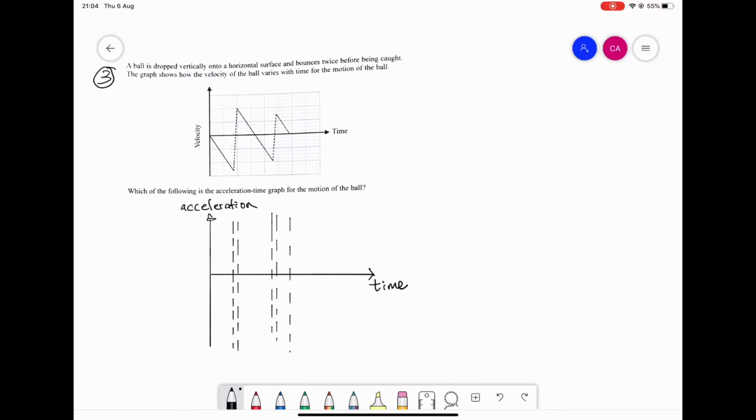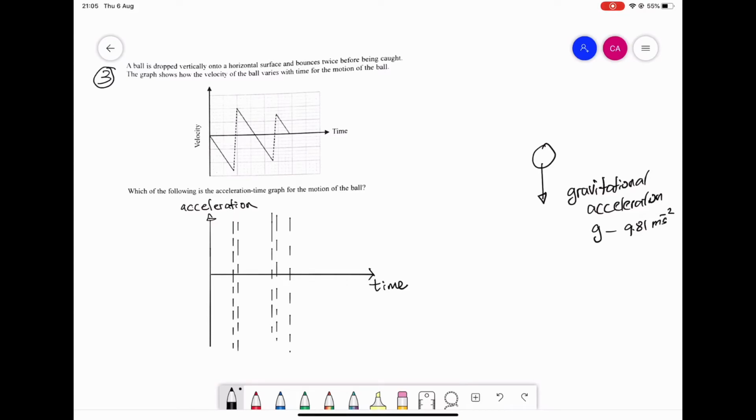So whenever the ball is in the air, the acceleration acting on it is the gravitational acceleration that we know, denoted by g, which has a value of 9.81 meters per square second. So whenever the ball is in the air, this is the acceleration acting on the ball.